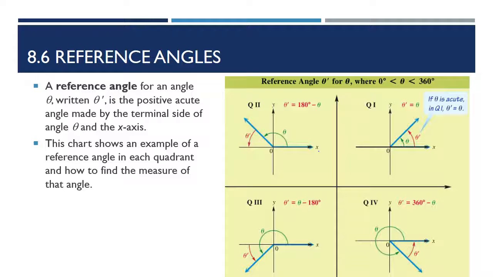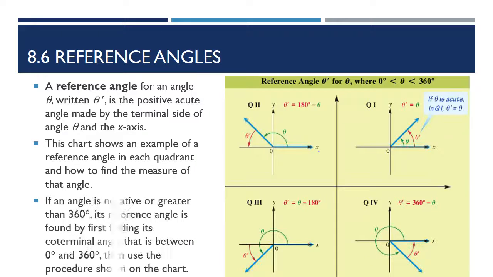Quadrant 3, you're going to have to do the angle, which goes all the way to the blue line, minus 180, and that will leave you with theta prime. And then finally for quadrant 4, you'll do 360 degrees, the entire circle, minus theta, and that leaves you with theta prime. Now, this is for angles that are between 0 and 360 degrees.